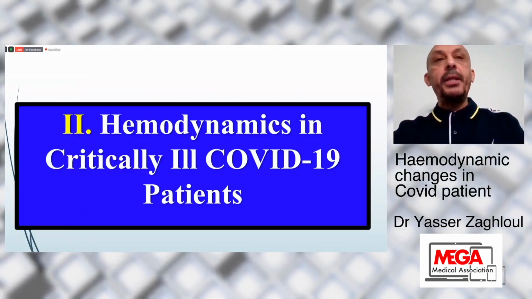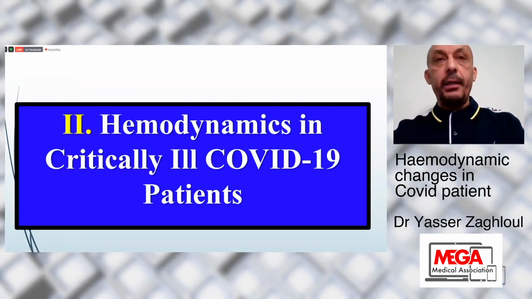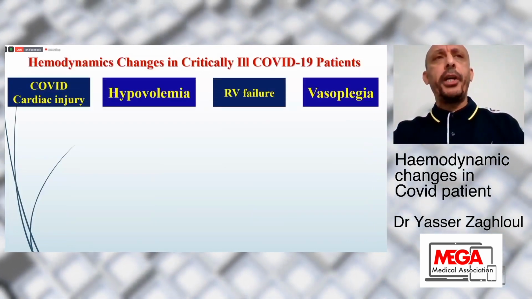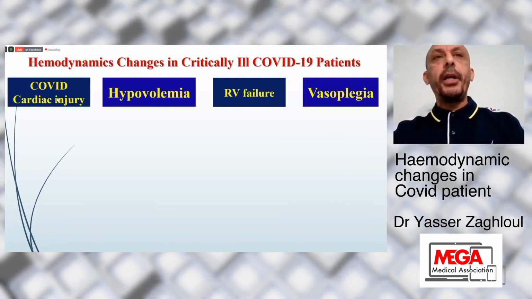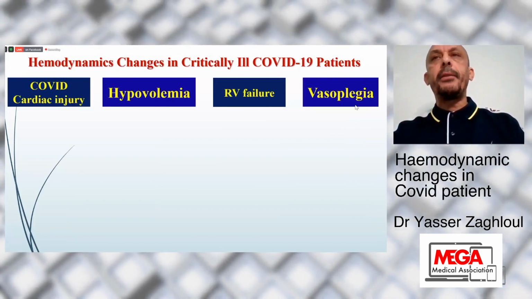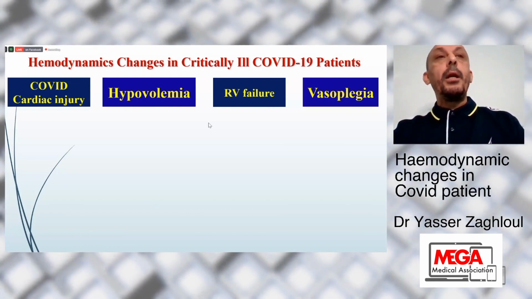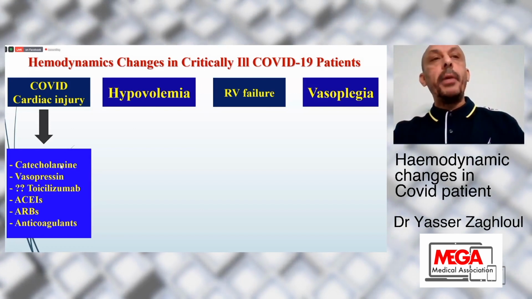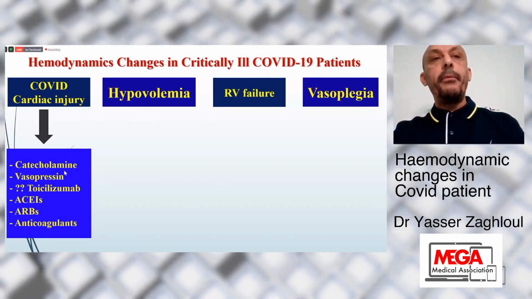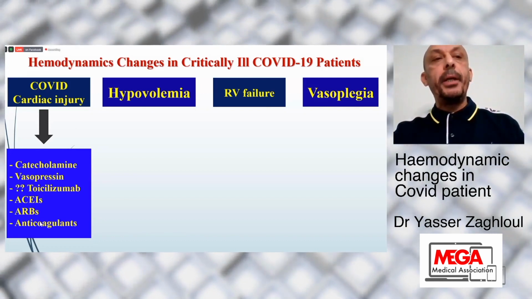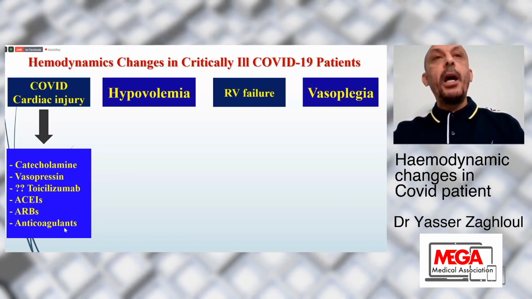Now we will talk about the hemodynamic changes in critically ill patients. We have four main issues: COVID cardiac injury, hypovolemia, right ventricular failure, and vasoplegia. COVID cardiac injury may be treated with catecholamines, vasopressors, anti-inflammatories, ACE inhibitors, ARBs, or anticoagulants.